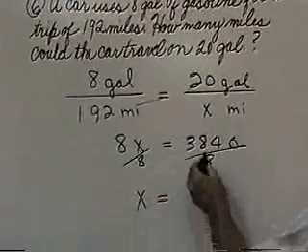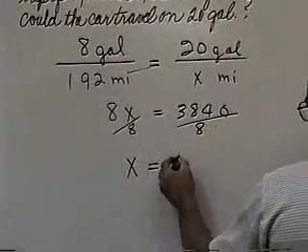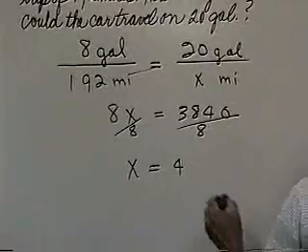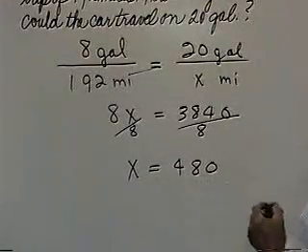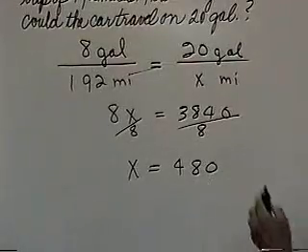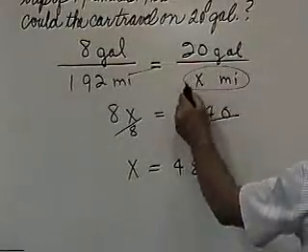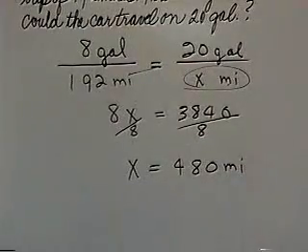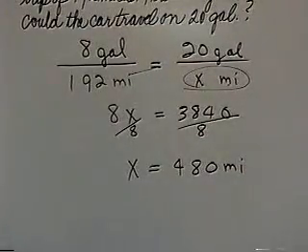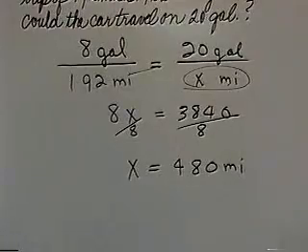And dividing that, 8 will go into 38 4 times with 6 left over, so that's 480. 480 what? Go back up here, it's x what? Miles. So that means this is 480 miles. Okay?